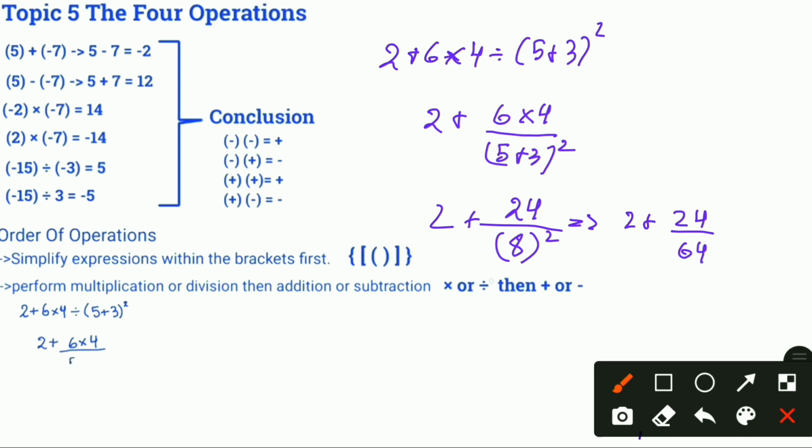Then we take the LCM. 64 is multiplied by 2, which means it's going to be 128 plus 24 upon 64, and it's going to be 19 upon 8 as an answer. Okay, let's move on.